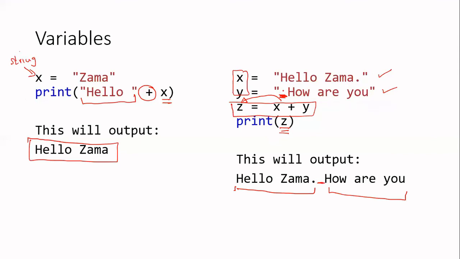If you did not leave the space, then when it's displaying, it will display hello Zama, full stop, and then the H is going to appear immediately, how are you? So there'll be no space between the dot and the letter H. Just keep that in mind when you are joining or working with strings.